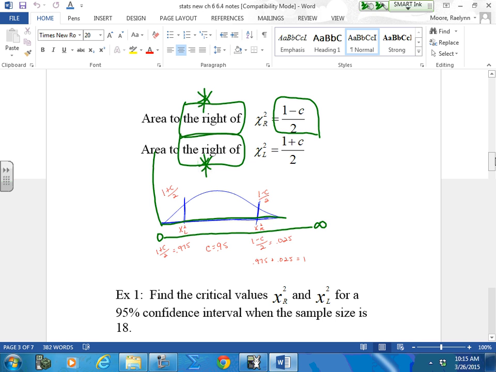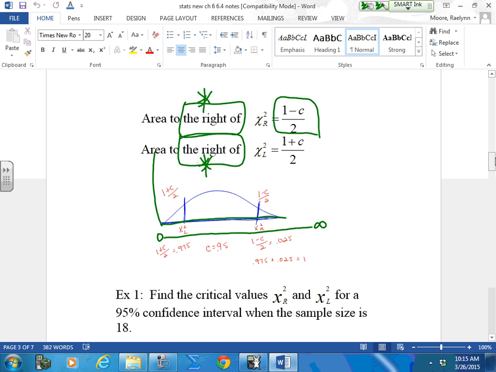Looks real close. 1 minus 0.95 divided by 2. So, left and right. But what happens is they kind of work opposite of what you would think. Because this time your area is always to the right. But so that we don't get bogged down by that, let's take a look at this example.